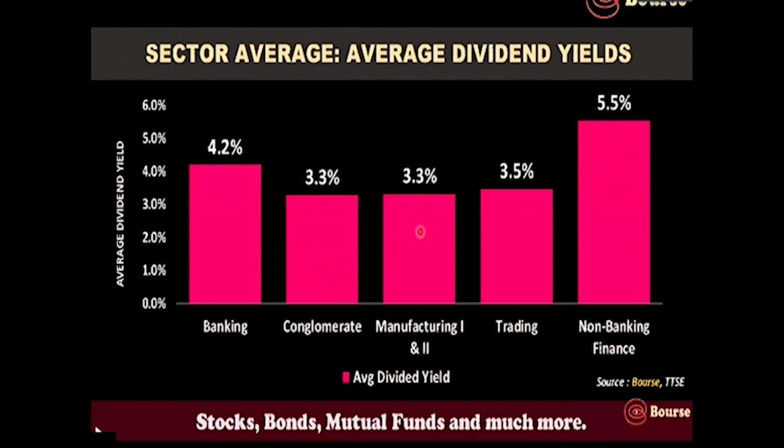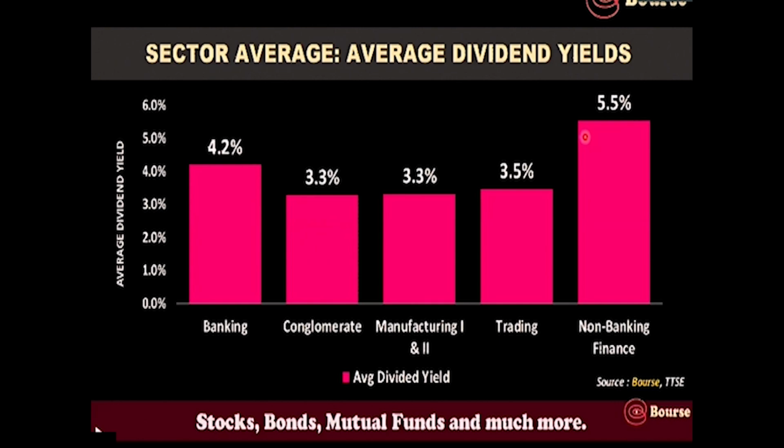Now, when we think about the average dividend yield across sectors with regards to dividend yielding stocks as part of the conservative investor portfolio, we see that banking sector stocks on average offer dividend yields currently of about 4.2%, conglomerates about 3.3%, the same for the manufacturing 1 and 2 sectors, trading 3.5%, and a non-banking finance sector a dividend yield of 5.5%.